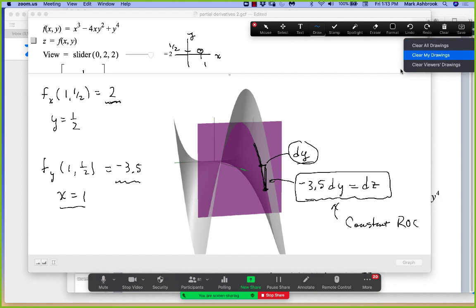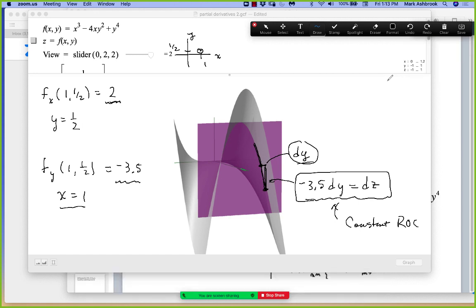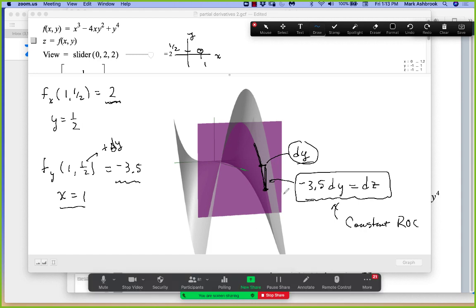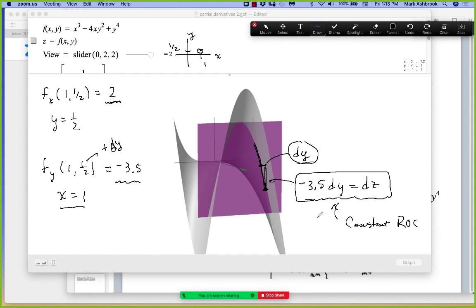So it's starting at 1/2 y? Yeah, we start at y equals 1/2, and we let y increase a little bit from 1/2. Okay. And then we see what z does. Z goes down, and it goes down 3.5 times as much as whatever dy we pick. And this is an estimate based on the slope at that point. Yep, it's an estimate, right? But if dy is small enough, it's essentially the same.